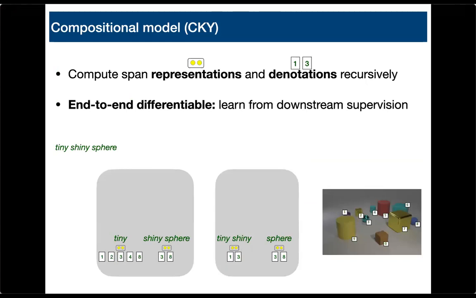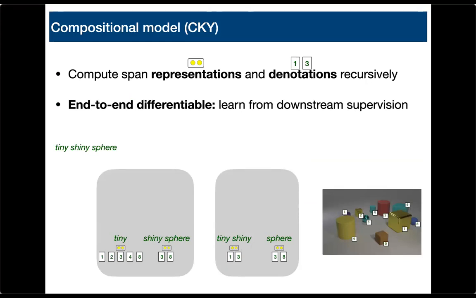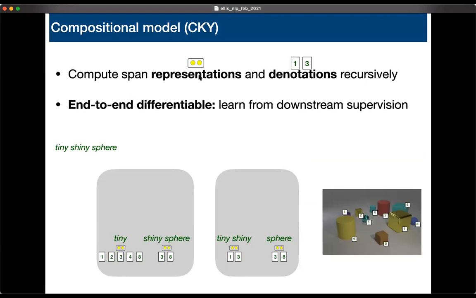This is a pretty short talk, so I'm not going to talk about the details of the model a lot. It's a continuous relaxation of CKY, where you recursively start from words, move on to phrases, and then compute something for the entire utterance, where for every span you compute a representation. This is a vector, and a denotation, which is a distribution over the objects in the image.